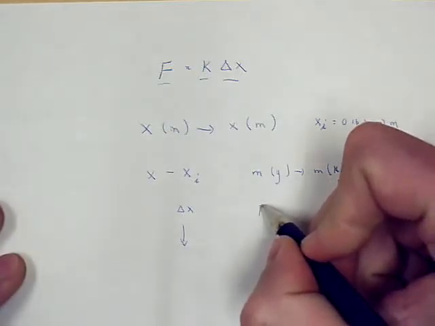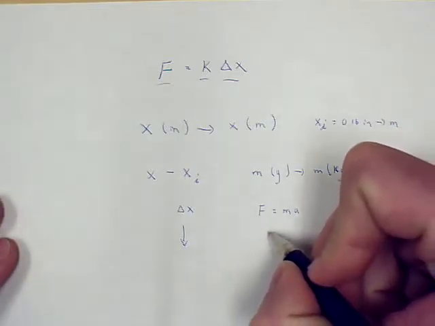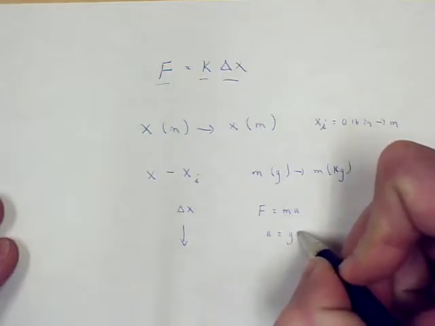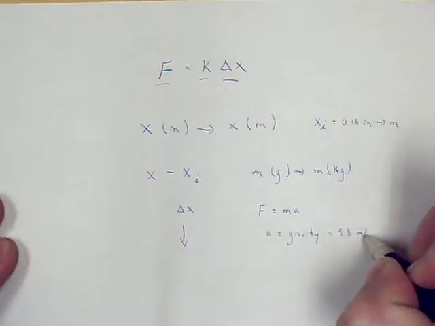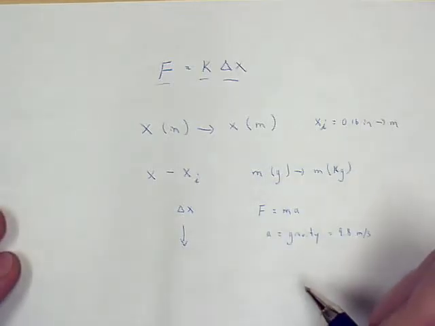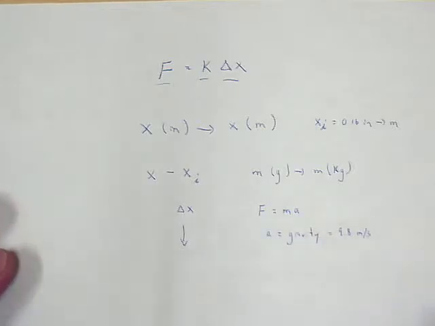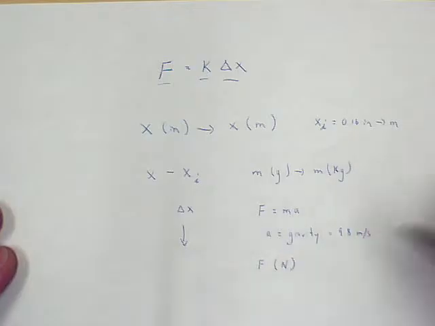You're all familiar from physics with force equals mass times acceleration, where in this case acceleration is equal to gravity, which is 9.8 meters per second squared. Again, everything in SI units. To determine our force, we take the hanging mass, multiply it by gravity, and get our force in newtons, which is the SI unit for force.